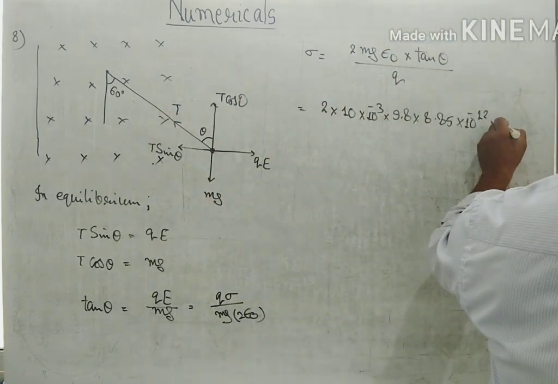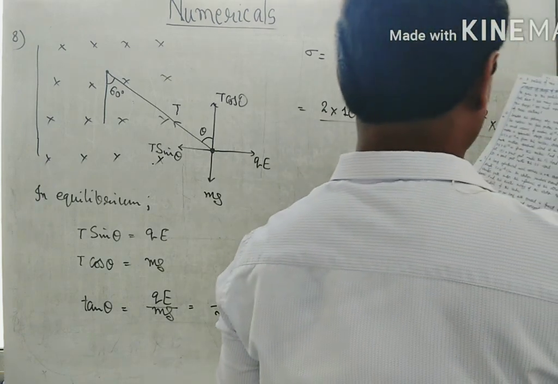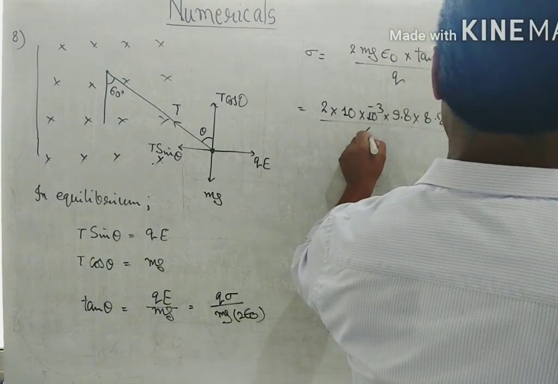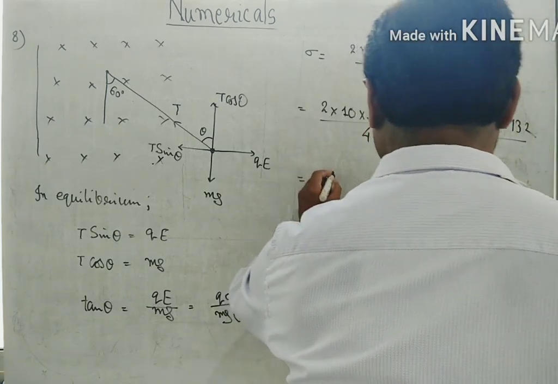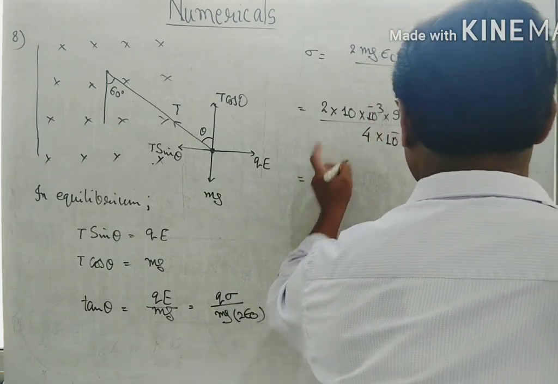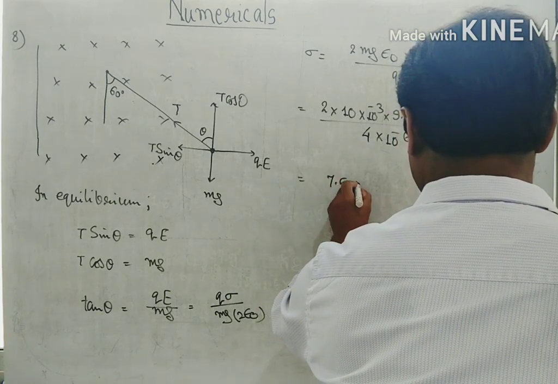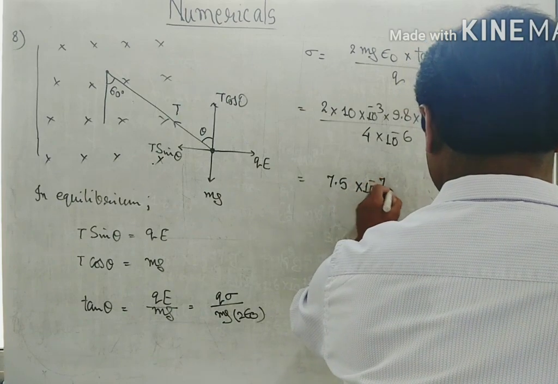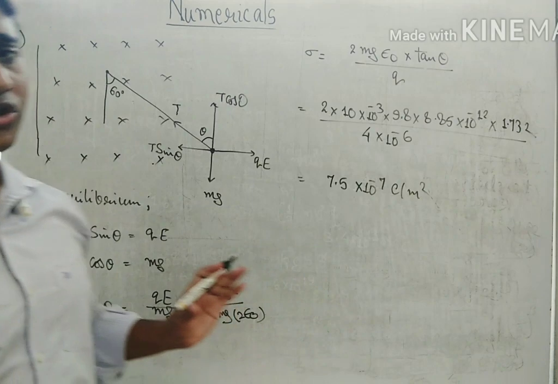Tan 60 is root 3, 1.732, divided by the charge given, 4 into 10 power minus 6 coulomb. So students, just go on solving this. You'll get approximately 7.5 into 10 power minus 7 coulomb per square meter as your final outcome.